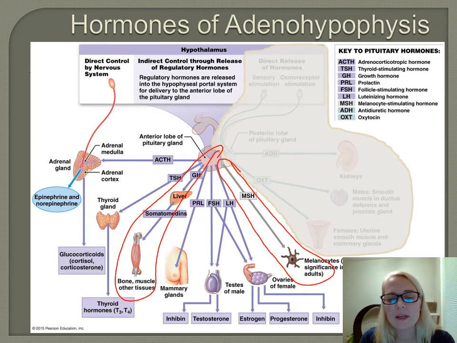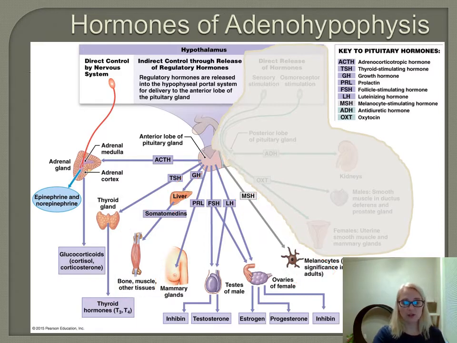So you see MSH being secreted locally, normally. So MSH in your skin is normal, but MSH from your anterior pituitary lobe isn't normal in most healthy adult individuals. All right, so those are the hormones of the anterior lobe of the pituitary gland.